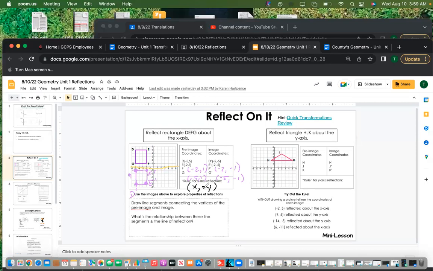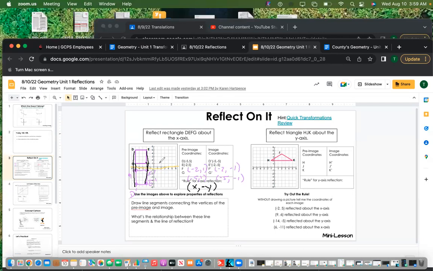Okay, draw the line segment connecting the vertices of the pre-image and the image. So pre-image to image. It's going to be like here to here, here to here, here to here, here to here. What's the relationship between these line segments and the line of reflection?